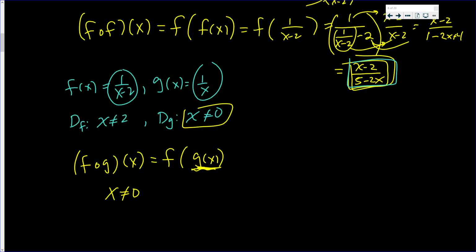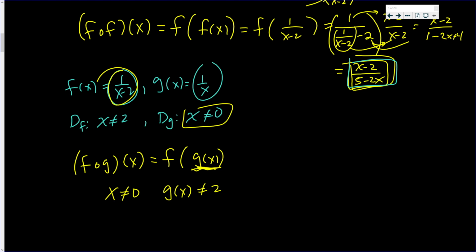What can you not take f of? You can't take f of 2. So g of x cannot be 2. Because I can't take f of 2. If g of x is 2, then I get 1 over 2 minus 2, which is 1 over 0, which is undefined. g of x cannot be 2.